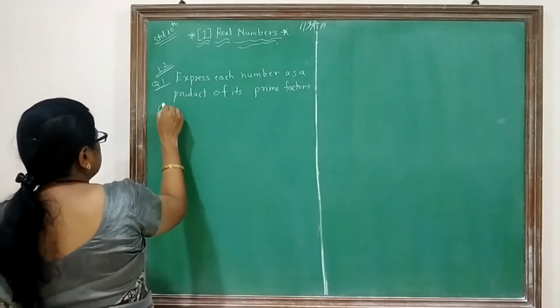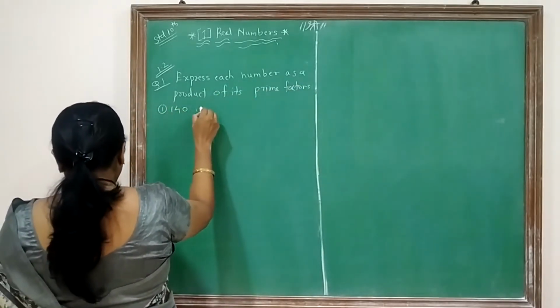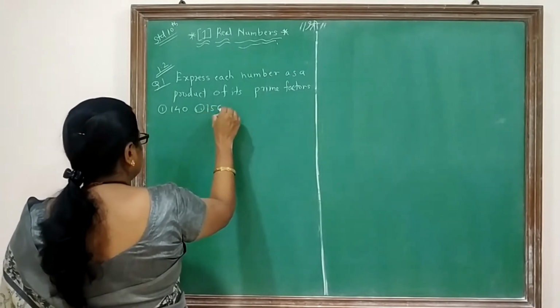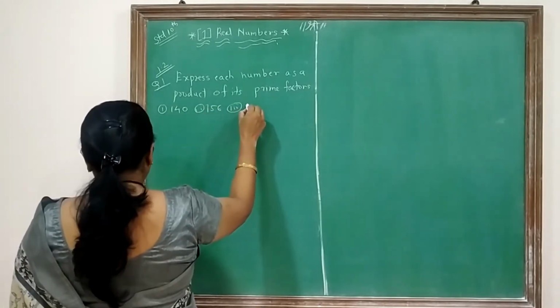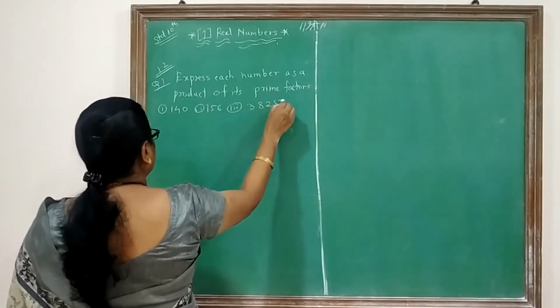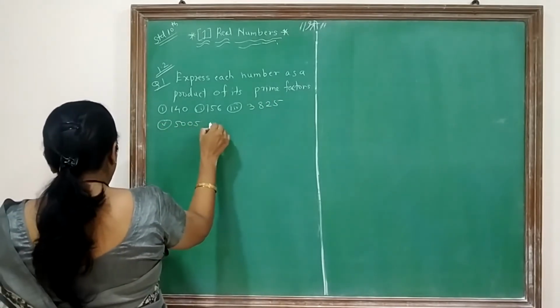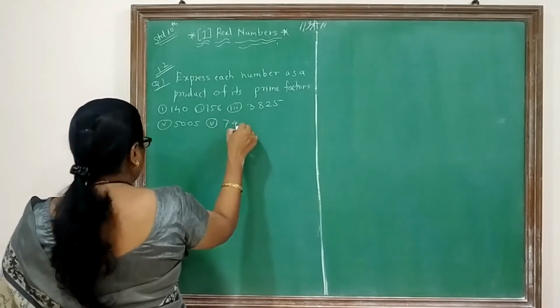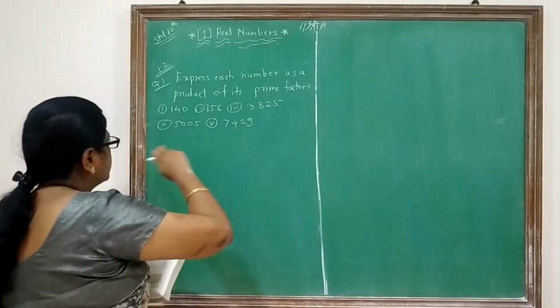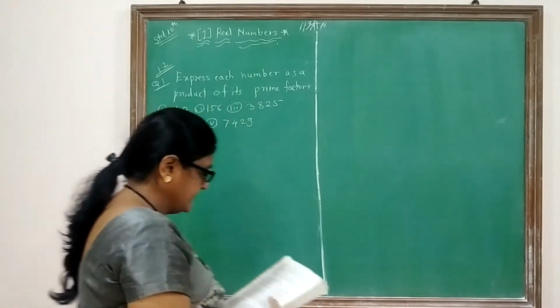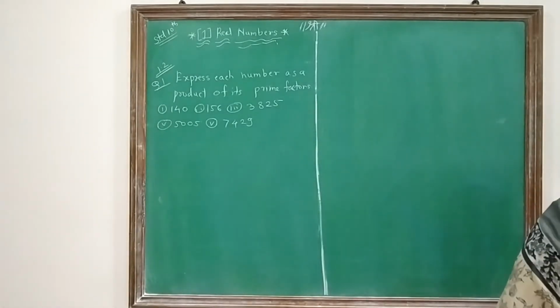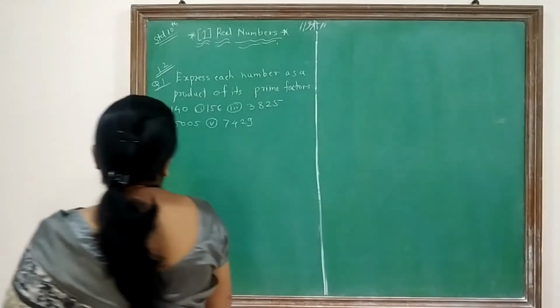Your first example is 140, your second example is 156, your third example is 3825, your fourth example is 5005, and your fifth example is 7429. Here all the examples are the same.